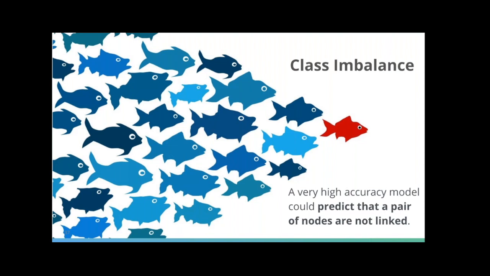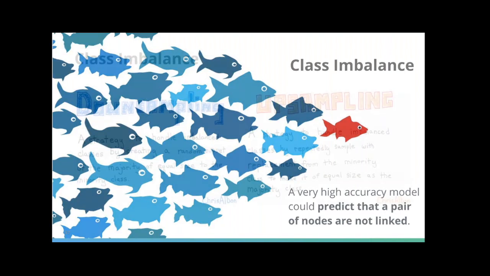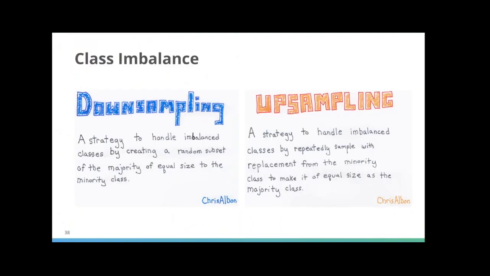A couple of ways you can combat that are downsampling your data and upsampling your data. Downsampling strips out the larger data set and cuts it down until it matches the smaller subset.